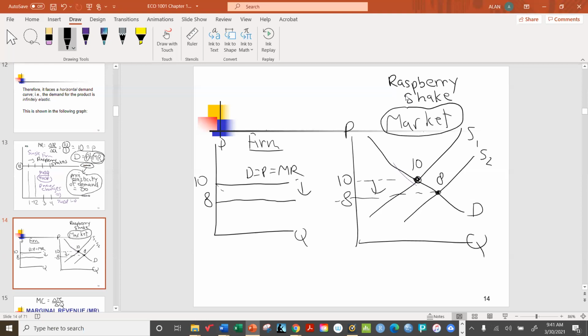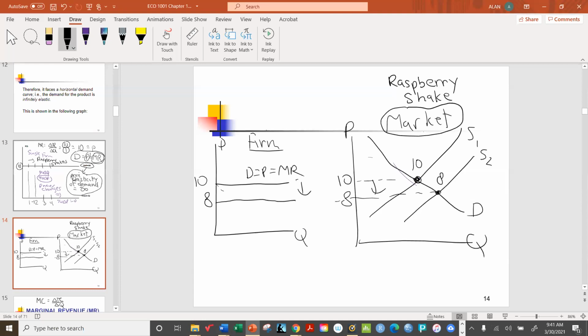But there's no point in lowering the price because you'll still get the same number of customers anyway, basically. So for the firm, we have a flat demand curve. For the entire industry, though, we have our traditional demand curve, which is downward sloping. And again, where it intersects with the supply curve, that is the equilibrium price that every one of these firms is charging.